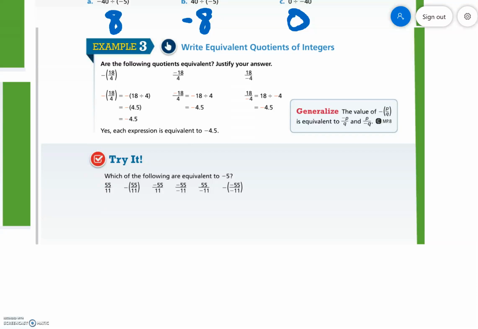Well, 55 divided by 11, that's a positive divided by a positive, so that's going to be a positive answer. This is equivalent. This one is equivalent. This is a negative divided by a negative, so that's a positive. This is equivalent. And here we have a negative divided by a negative, so that's going to be a positive 5.